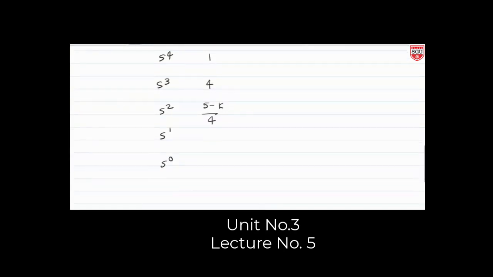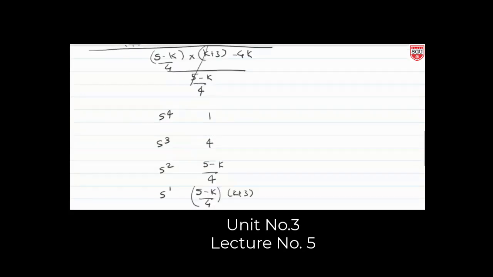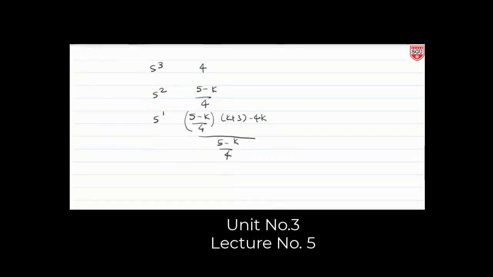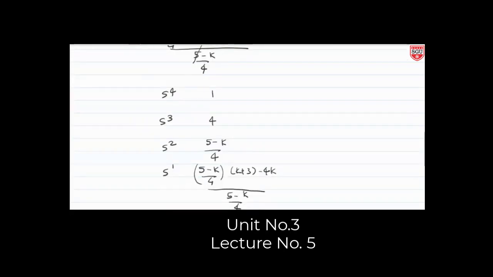For s raised to 1, I will write as it is, 5 minus k upon 4 into k plus 3, then minus 4k divided by 5 minus k upon 4. I have just written the same term, and s raised to 0 is k. So these are the terms.